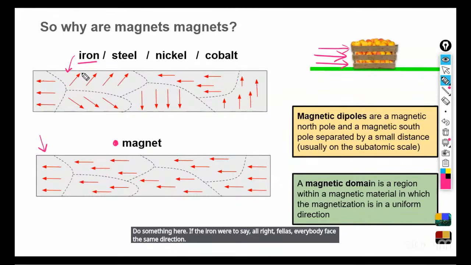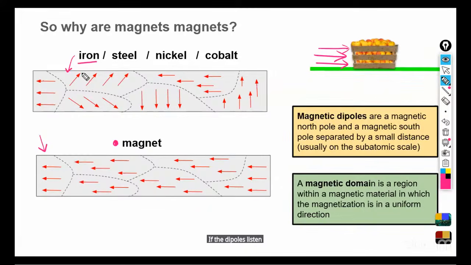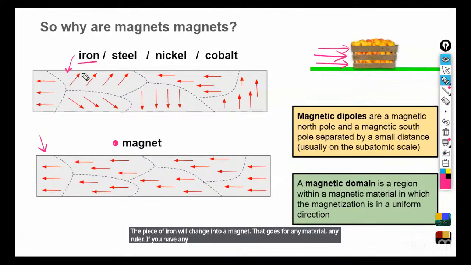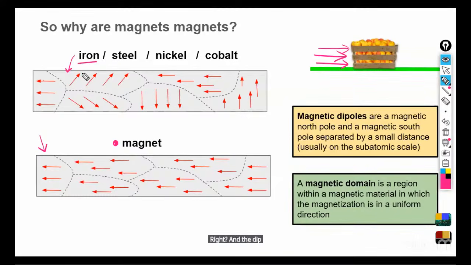If the dipoles listen and all of them face the same direction, the piece of iron will change into a magnet. That goes for any material in the world. If you have any material in the world, and the dipoles are not facing the same direction, it's not a magnet.